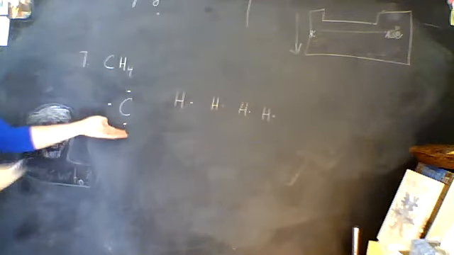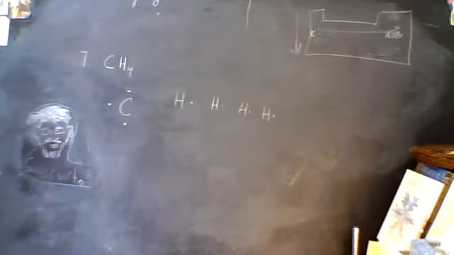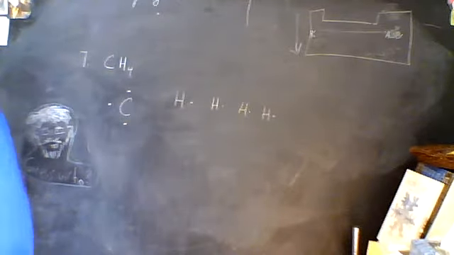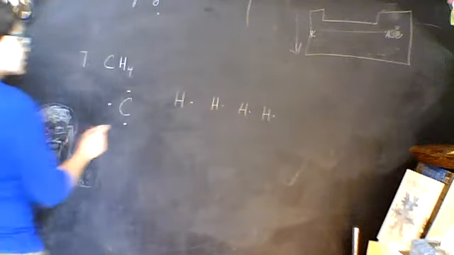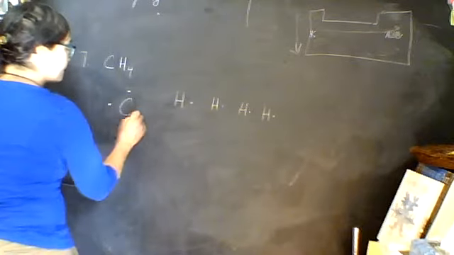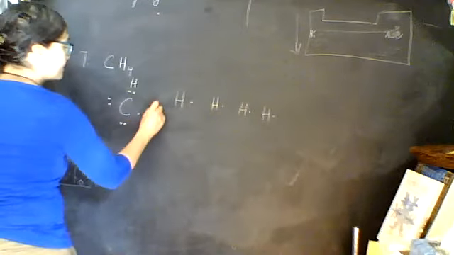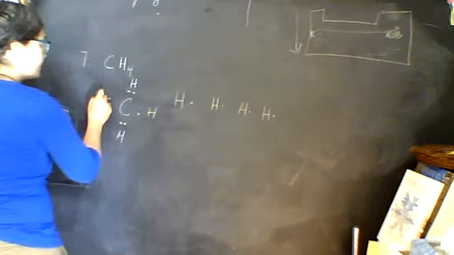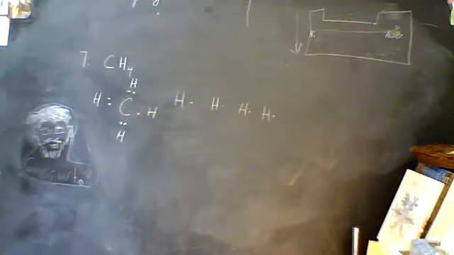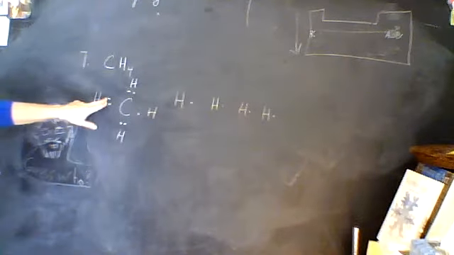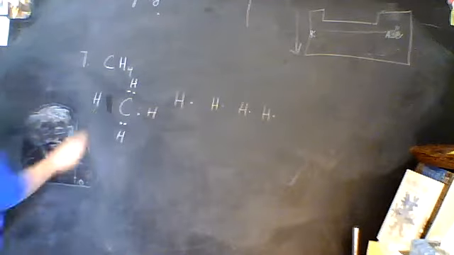So they're going to attach themselves to the carbon, right? And then it will have complete bonds all around. So it's going to end up looking like this. Right? And then we're going to replace all these paired electrons with the bond symbol.